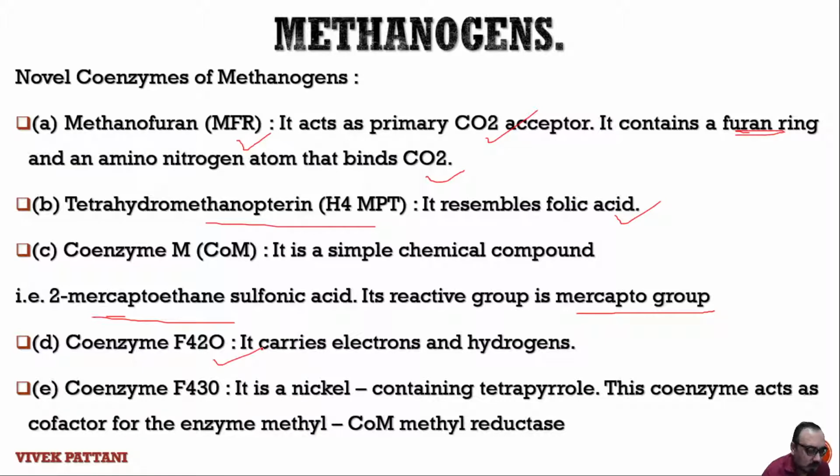It carries electrons and hydrogens. The next one is coenzyme F430. It is a nickel containing tetrapyrrole, and this coenzyme acts as a cofactor for the enzyme methyl-CoM methyl reductase.